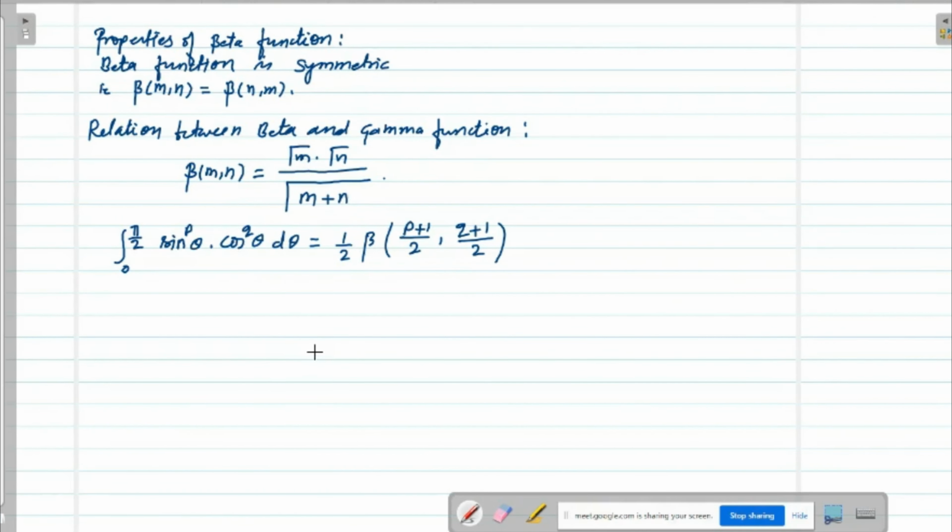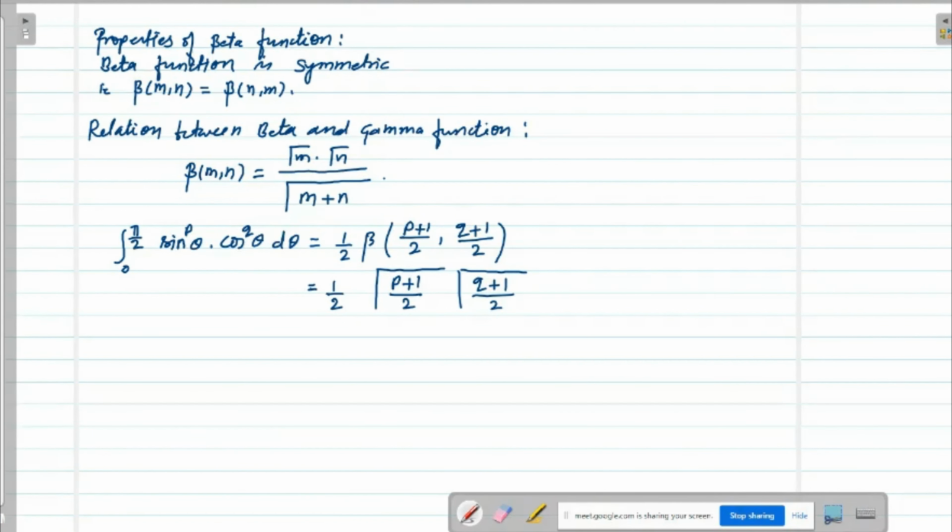Yesterday I derived it. Now I am using the relation between beta and gamma function. So this is 1 by 2 as it is, but beta of m, n can be written as gamma of m into gamma of n divided by gamma of m plus n.